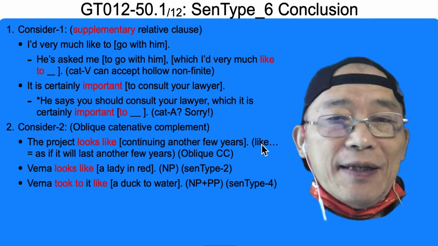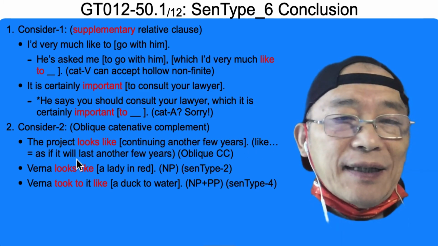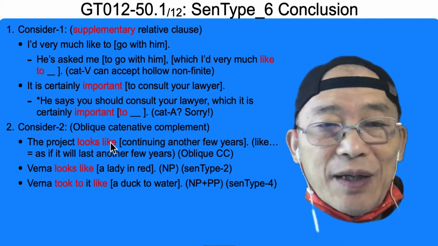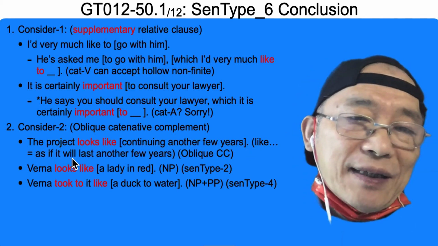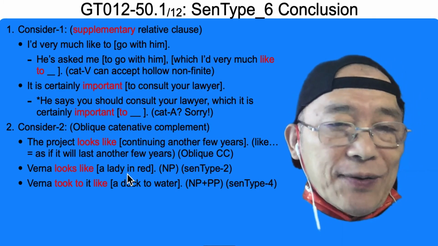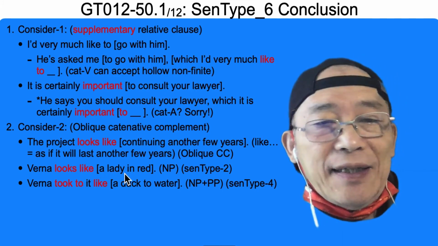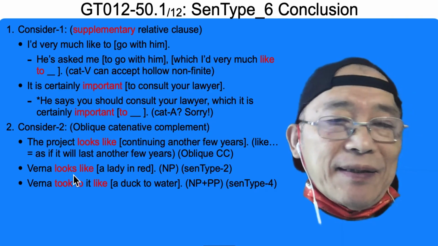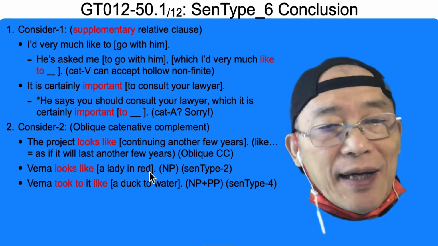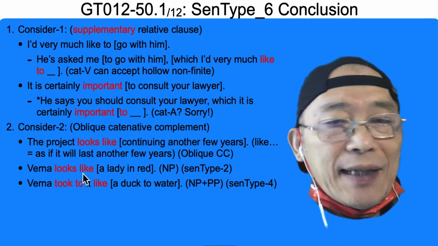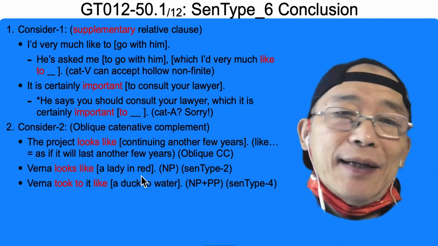And this is like as if. So the project looks like, this project looks as if it'll last another few years. And this one looks, okay, typical sentence type 2, right? Looks a lady in red. Now, you can also put a preposition, looks like a lady in red.